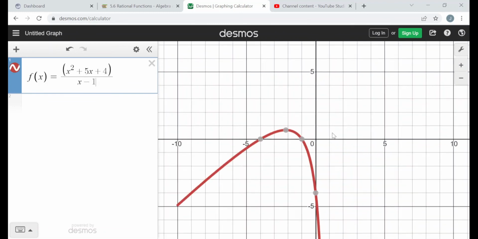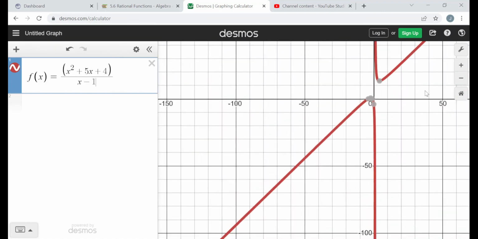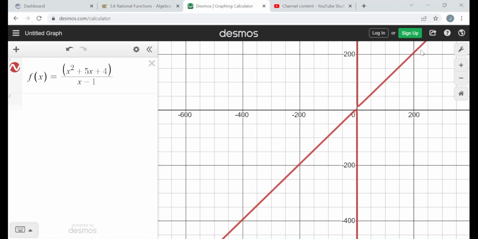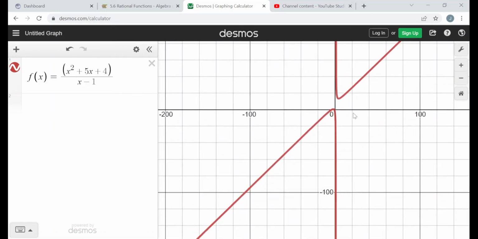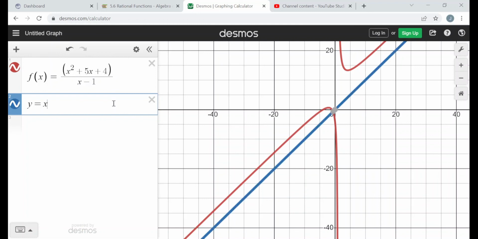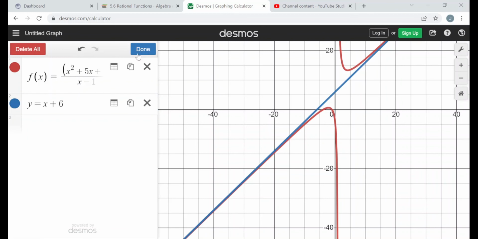And again, if you zoom out, you'll see that it's kind of looking like a straight line. It's following a straight line path to the left and to the right. But let me actually put in y equals the quotient, y equals x plus 6, and we'll see that the graph approaches this line to the far right and the far left.